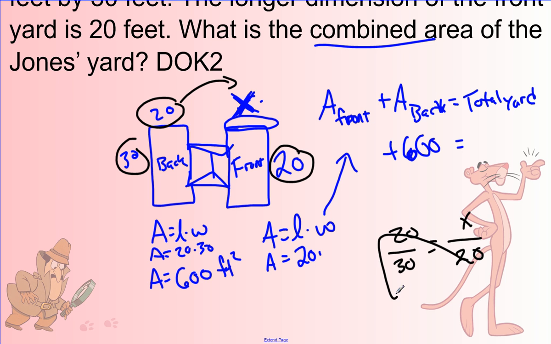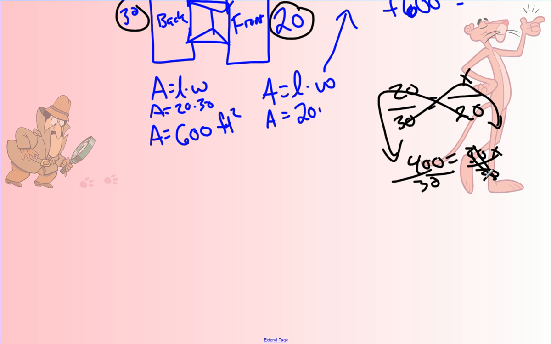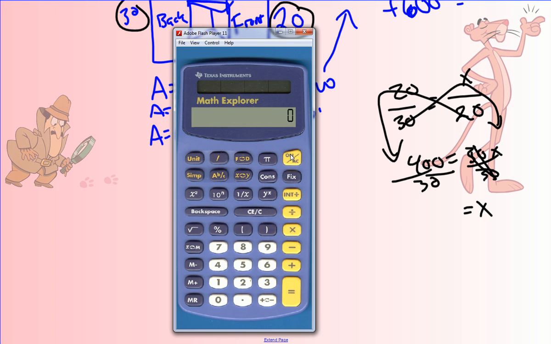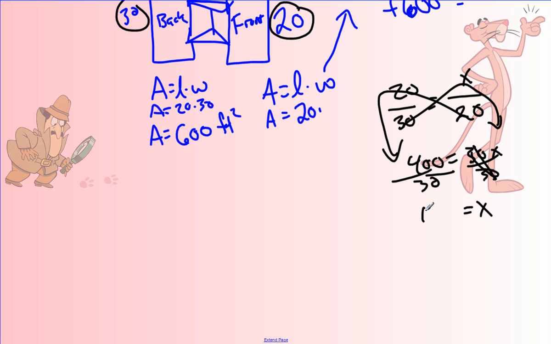And I cross multiply. 400 equals 30x. Divide by 30, divide by 30. And these cancel. I get x equals 400 divided by 30, which is 13.3 feet.